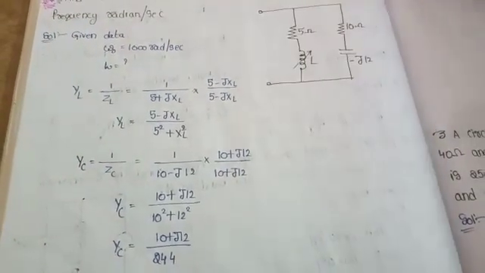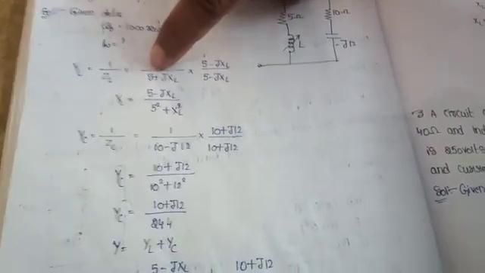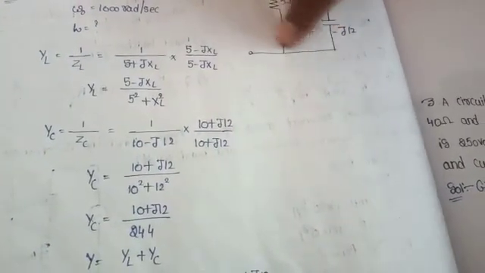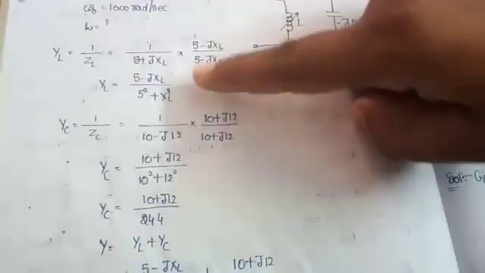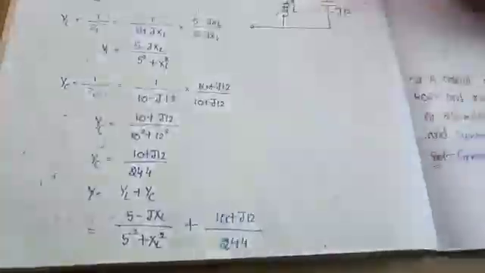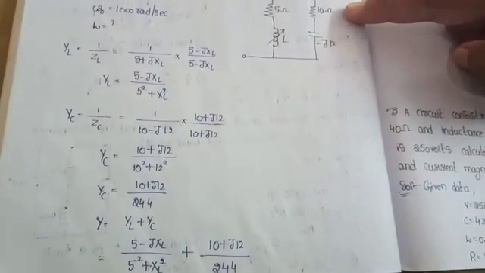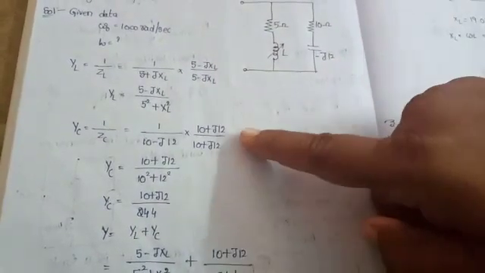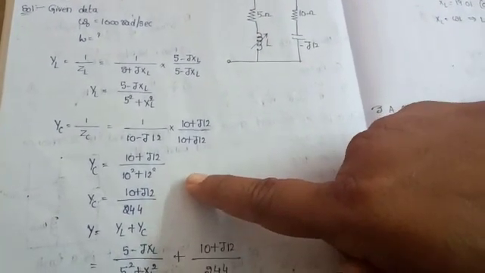Branch inductor admittance YL is equal to 1 by ZL, that is 1 by 5 plus jXL. We don't know this value jXL. Rationalizing, multiply by 5 minus jXL over 5 minus jXL, so 5 minus jXL by 5 square plus XL square. For the other branch, admittance YC is 1 by ZC, 1 by 10 minus j12. Multiplying by 10 plus j12 over 10 plus j12, we get 10 plus j12 by 10 square plus 12 square.